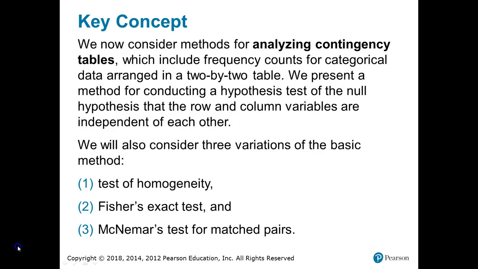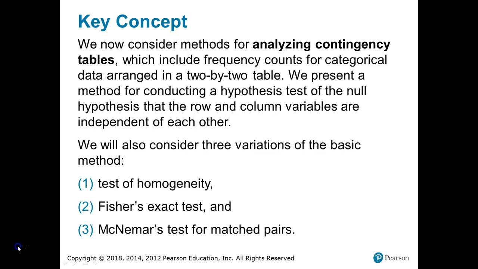So the key concept here is that we are now going to consider methods for analyzing contingency tables, which include frequency counts for categorical data arranged in a two-way table. We are presenting a method for conducting a hypothesis test of the null hypothesis that the row and column variables are independent of each other.